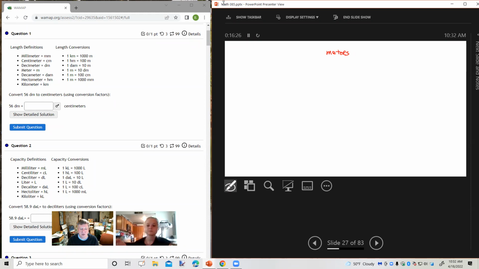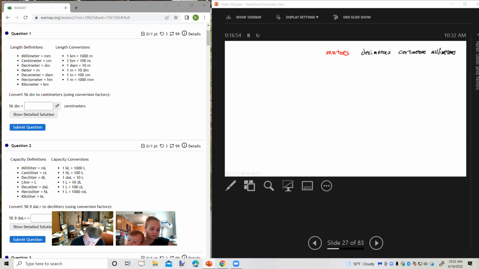But we have meters, and then we have prefixes, which are things that go in front of the root word. Going to the right, we have decimeters, centimeters and millimeters.